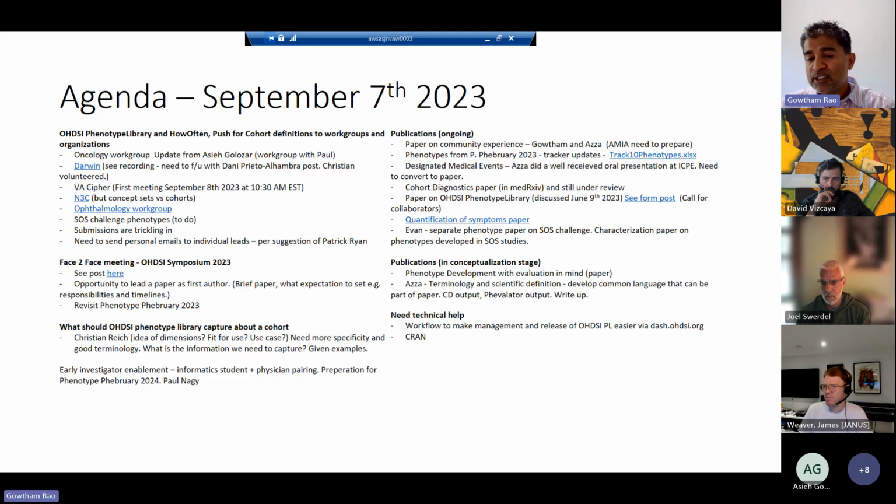Okay, so there is an action item, which is to follow up with Darwin. Gowtham, I work with Danny and Darwin. Oh yeah, excellent. So one of the things that Danny said on the call was to set up a follow-up. Christian had volunteered to help with that communication.